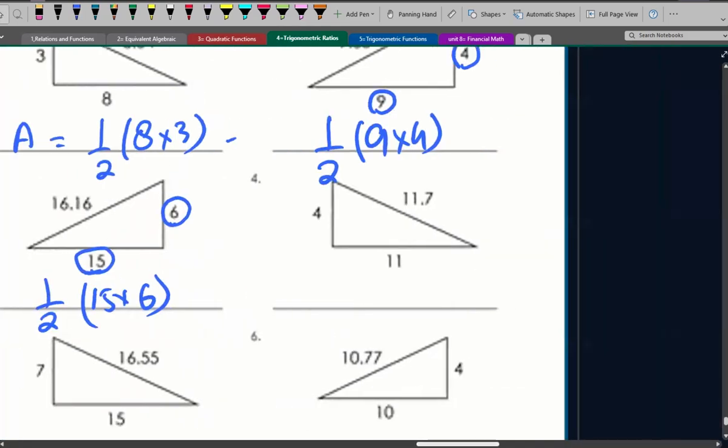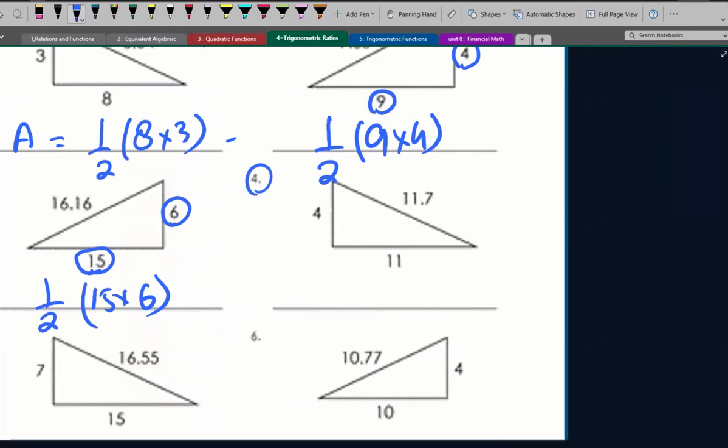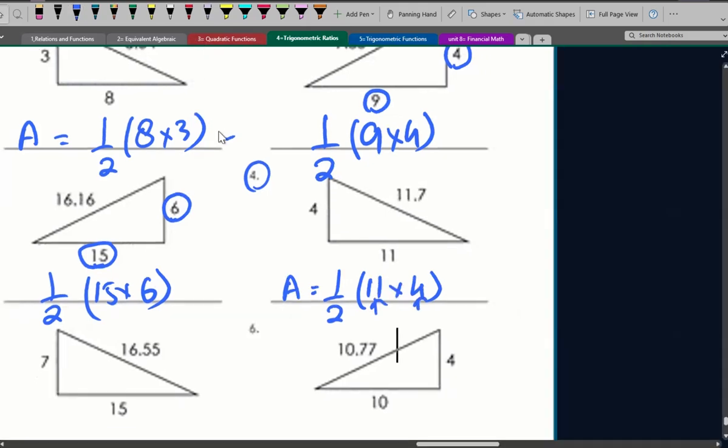So what do you think about question 4? 11 multiplied by 4 divided by 2. Perfect. So it's base times height divided by 2.